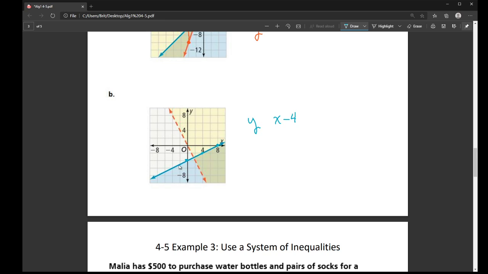And in terms of slope, I'm rising by 2 and running by 4. So my slope is 2 over 4, which is 1/2. Now the shading for this line is below it, so that means that y is less than all this stuff. And my line is solid, so it could be less than or equal to.